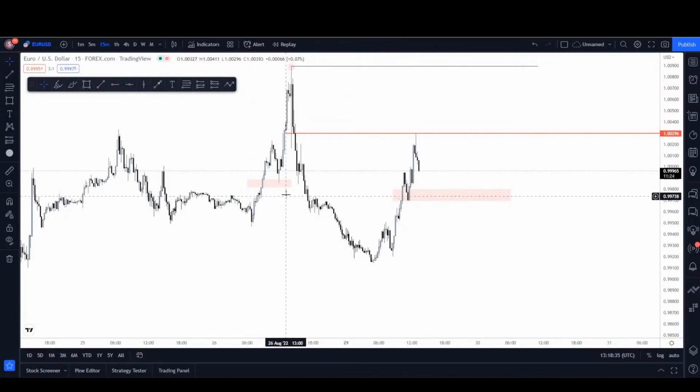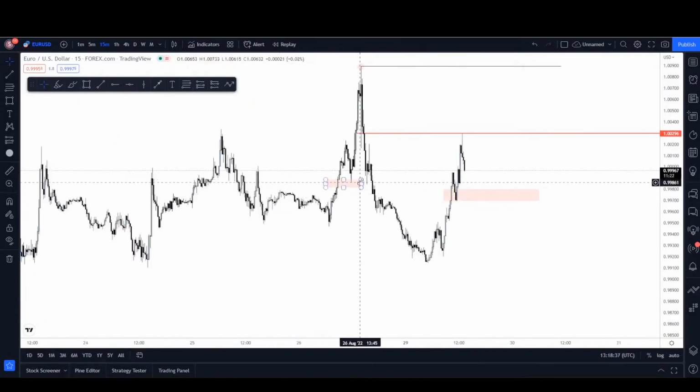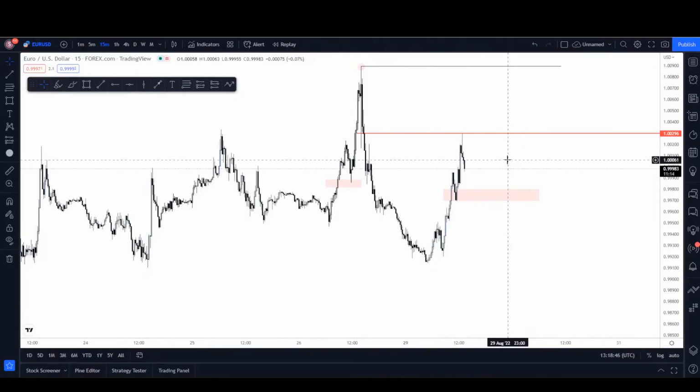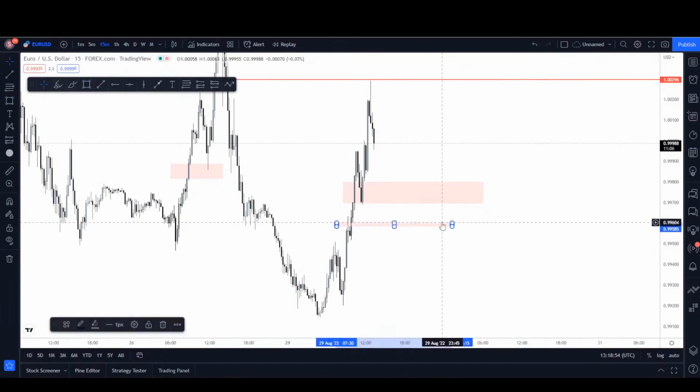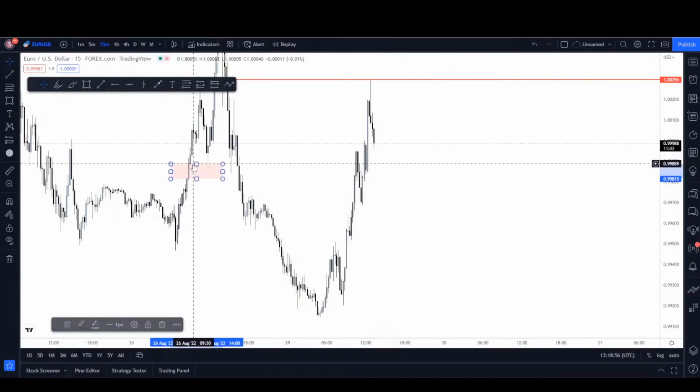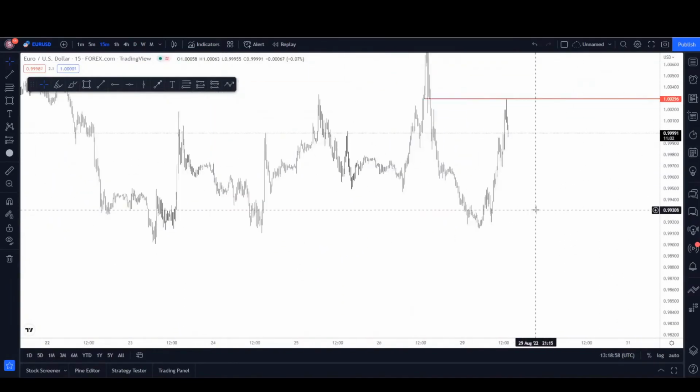Look at structure. I'm not going to talk about PD arrays, but that is a clue. Look at how they are similar in terms of structure and why those two specific fair value gaps have been chosen instead of this one, for example. But I'm not going to get into that too deeply. It's as simple as that.